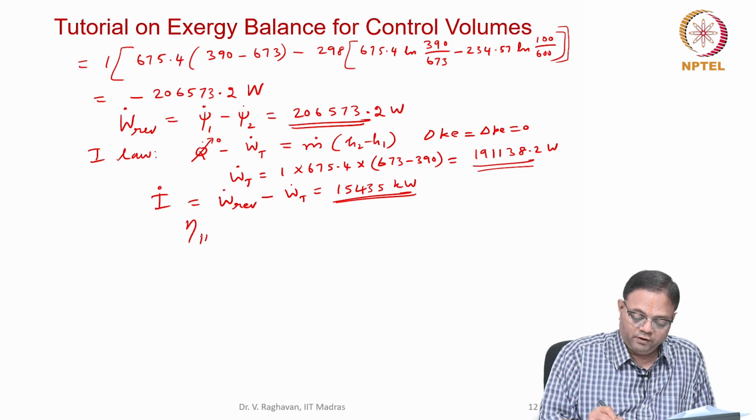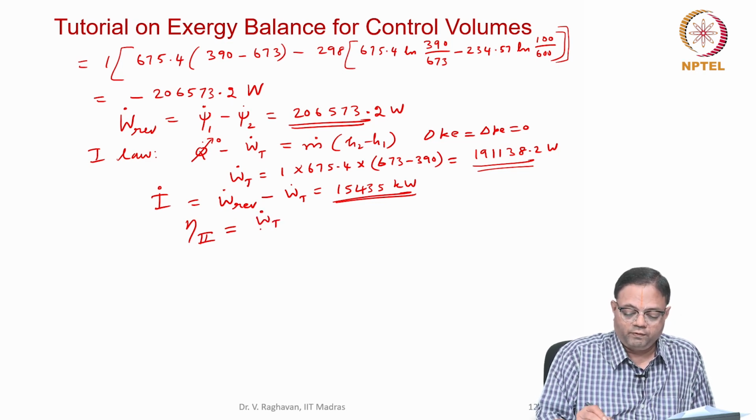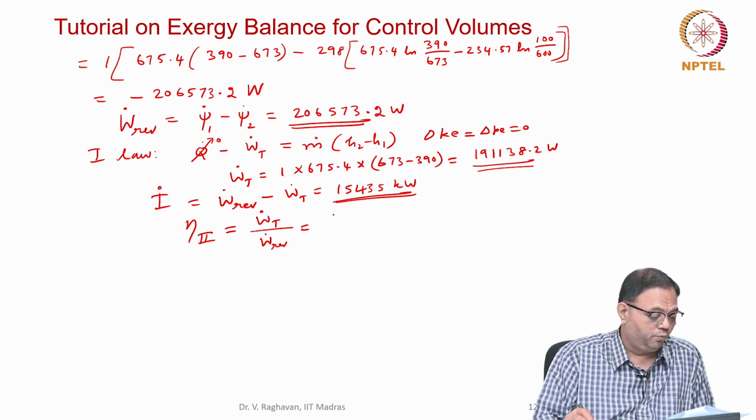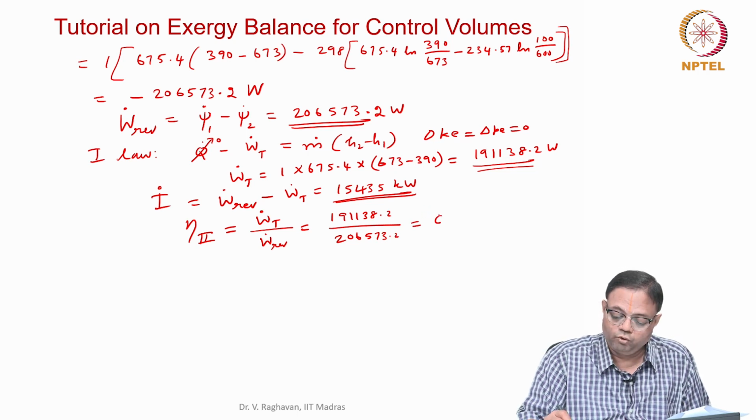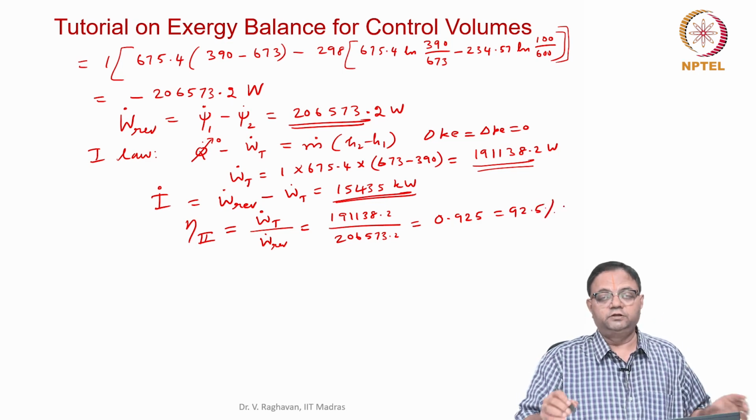Second law efficiency, for a work producing device, is the actual power produced divided by the reversible power, which will be equal to 191138.2 divided by 206,573.2, that will be equal to 0.925 or 92.5 percentage. So that is the answer.